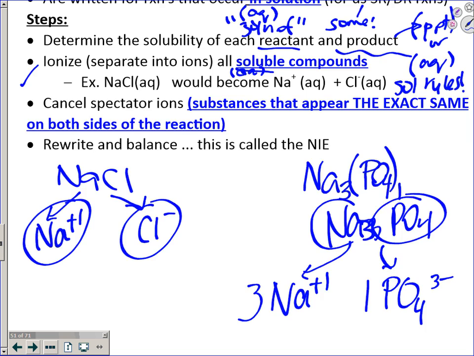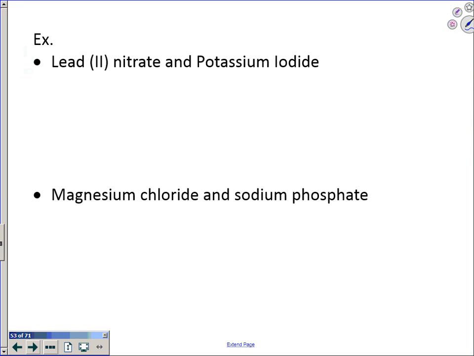Ready? So we're going to do this one. Write down, with the person next to you, these 2 reactants.